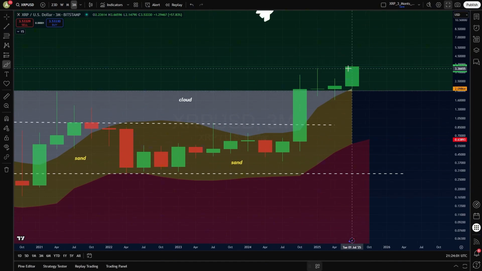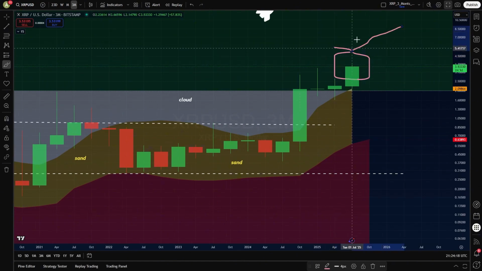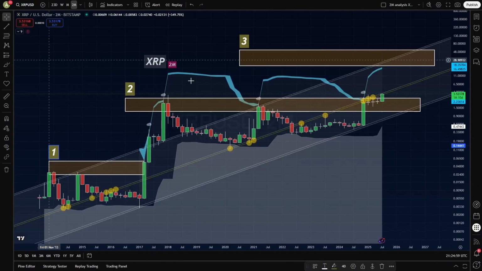So the only question remaining is why XRP is stuck in this position. What is it waiting for? And to understand this, we need to go to the previous chart, to the chart that I showed in my previous video. It was the 2 months analysis, so you can check this out. And what I said in this video is that currently we have a very strong level of resistance just above us.